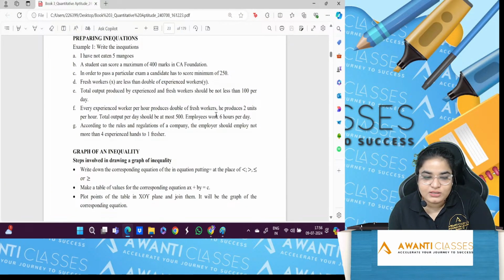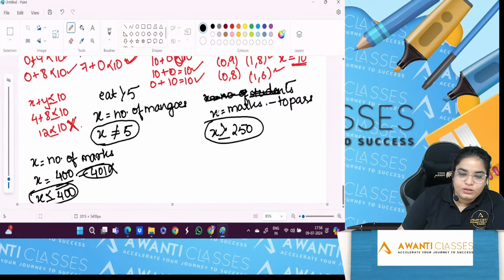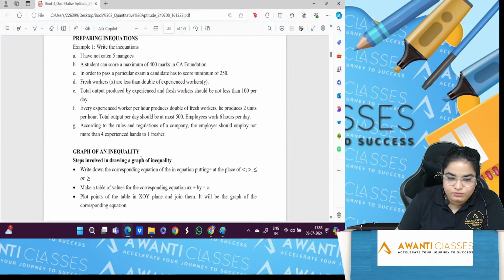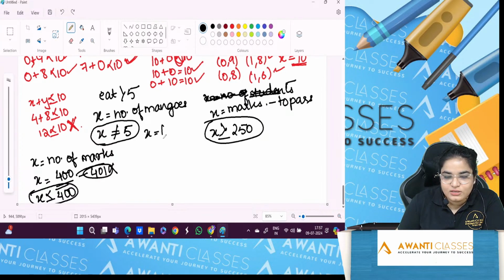Fresh workers are less than double of experienced workers. Take it easy. If x is fresh workers, y is experienced workers. They have experience.